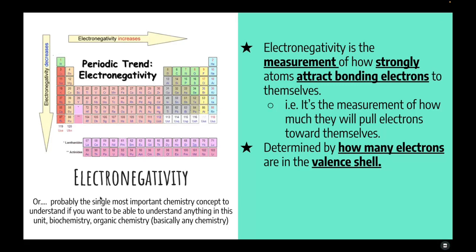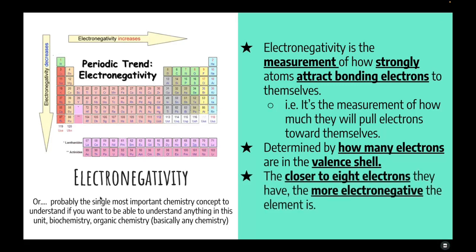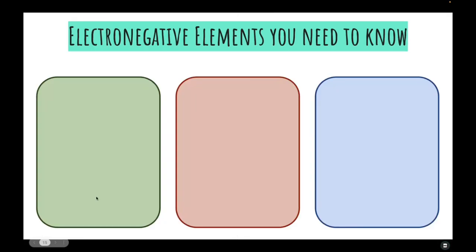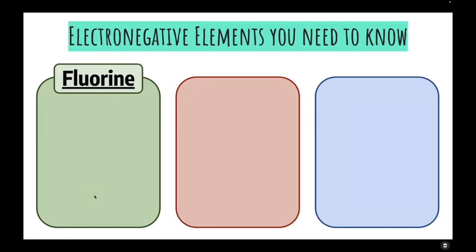This is determined by how many electrons are in the valence shell. You have to remember that the rule is the closer to 8 electrons they have, the more electronegative the element is. Again, the important elements are fluorine, oxygen, and nitrogen.